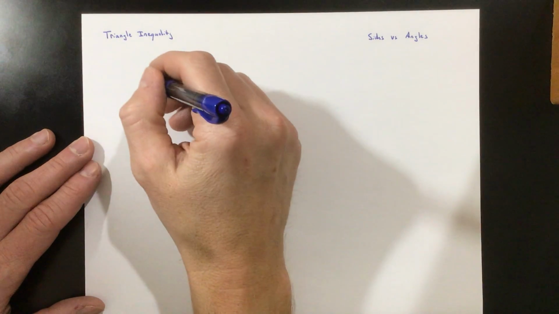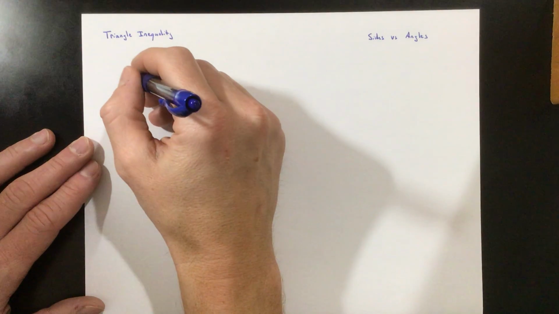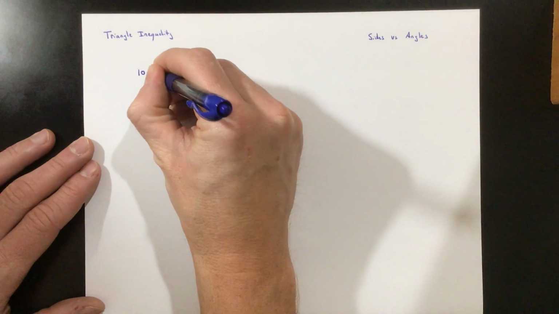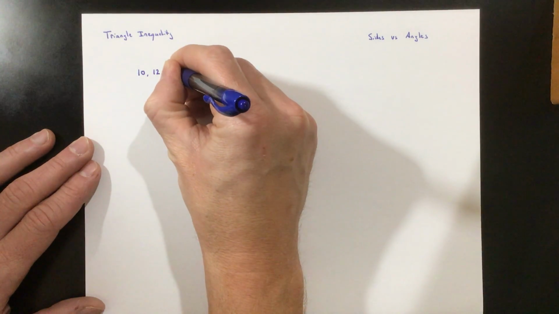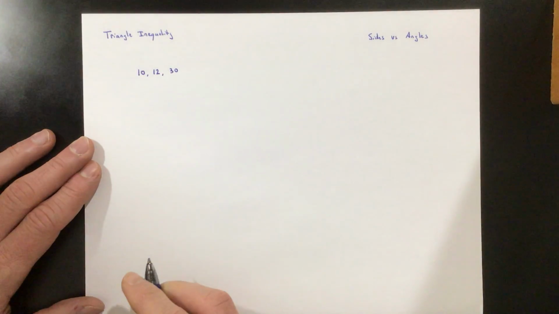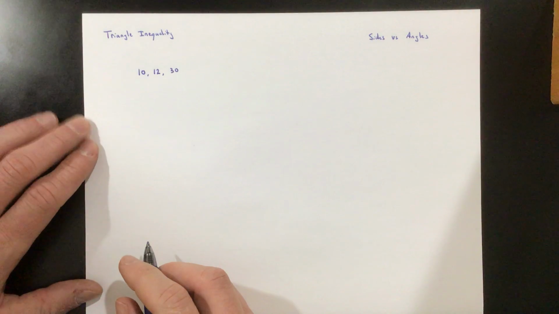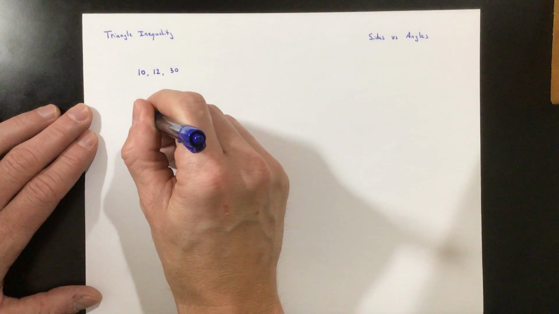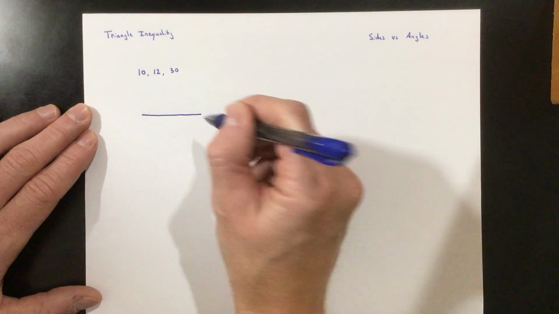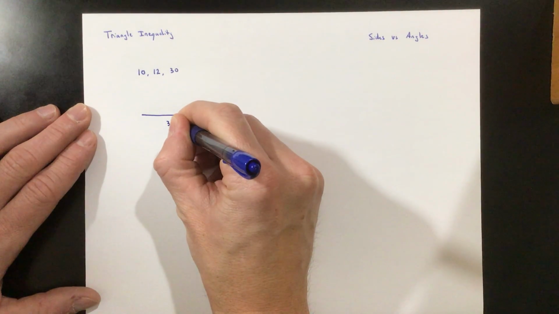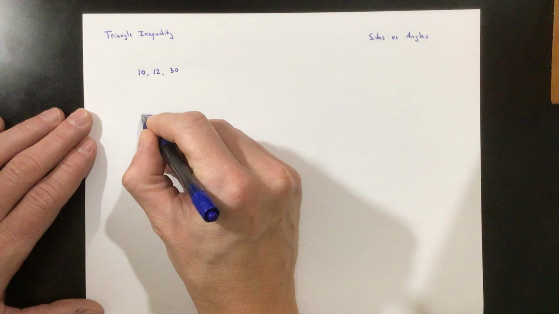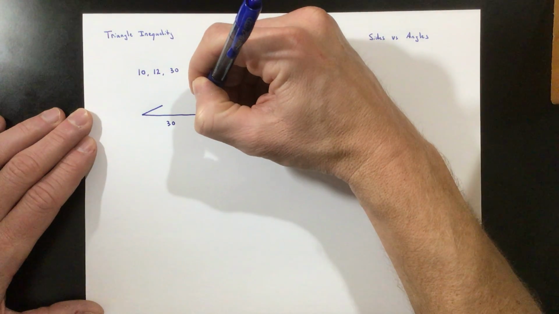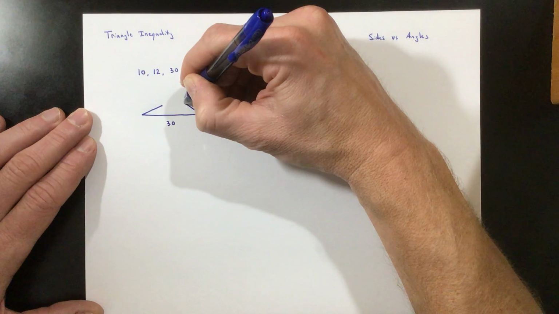So the question is, can you make a triangle out of, let's say, something that's 10 inches, 12 inches, and 30 inches? Does that actually make a triangle? I could lay my 30-inch side down, and then put my 10-inch side there, and then my 12-inch side there, and oh, nuts.